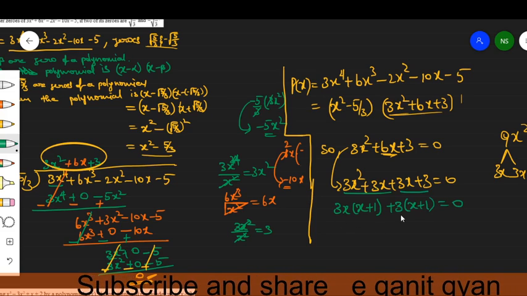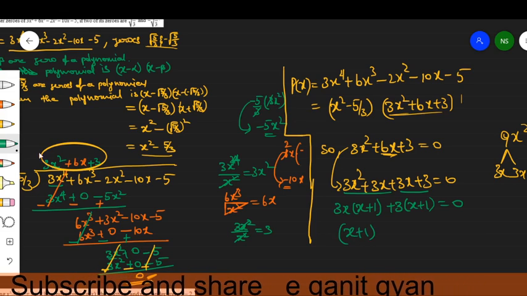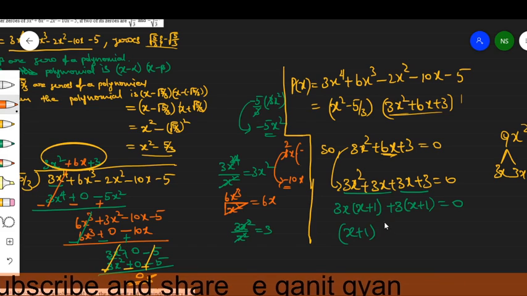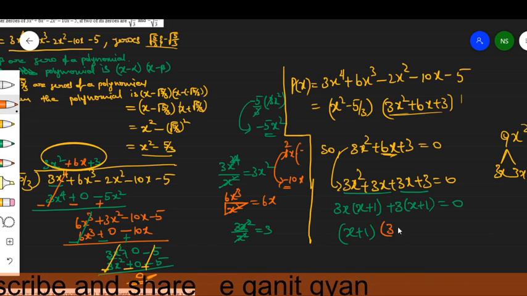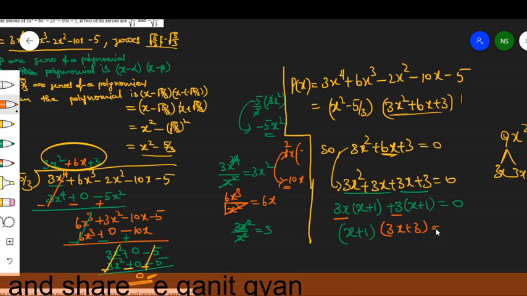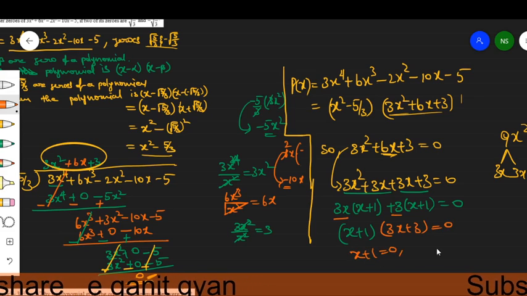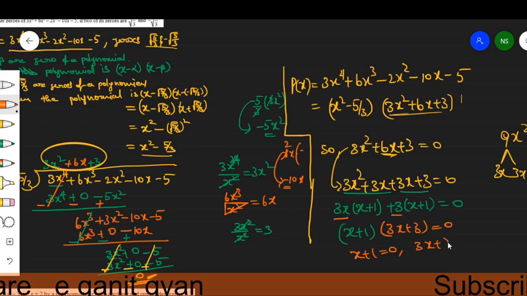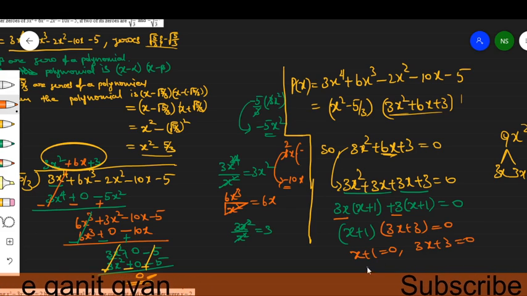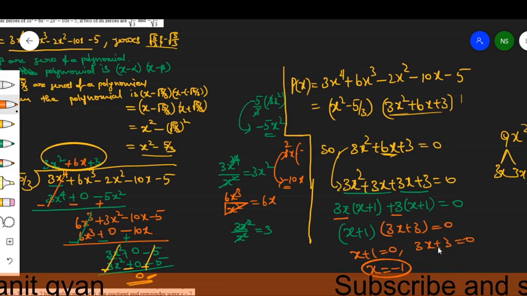From both terms, I can take out x + 1 as the common factor. Then I will be left with (x + 1)(3x + 3) equals 0. Now x + 1 equals 0 and 3x + 3 equals 0. From this I will get x equals −1. I got one zero here.